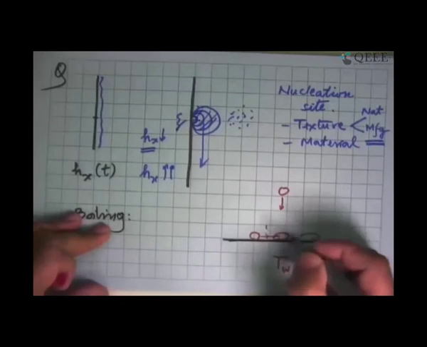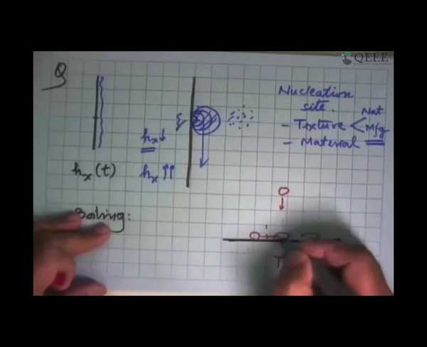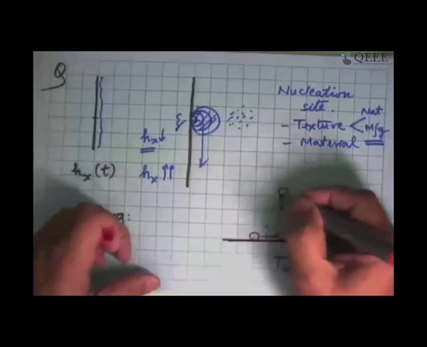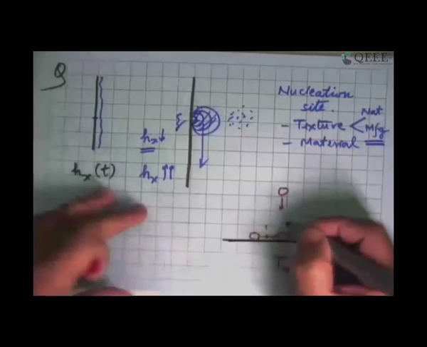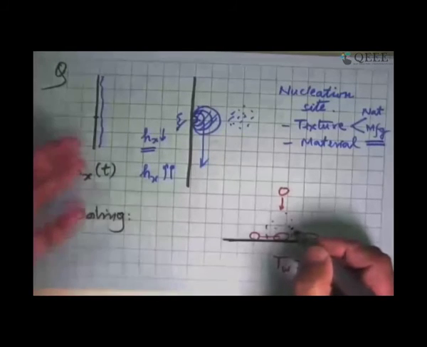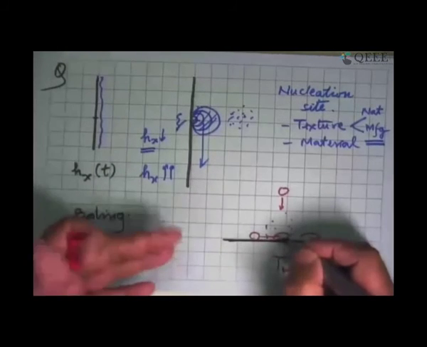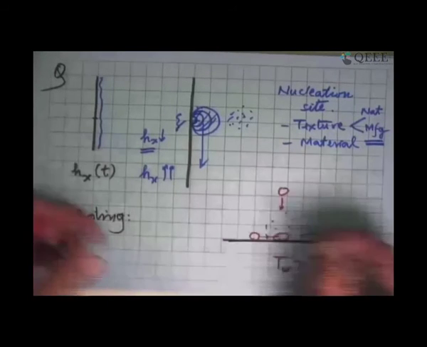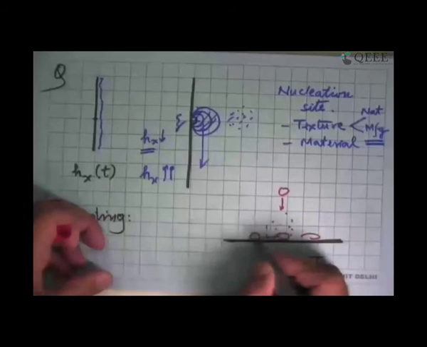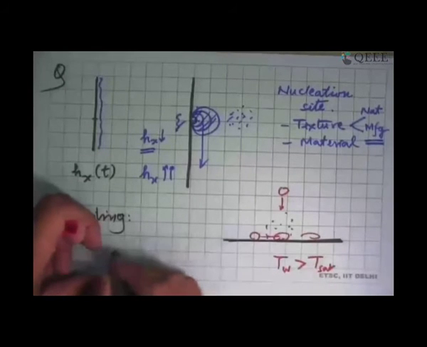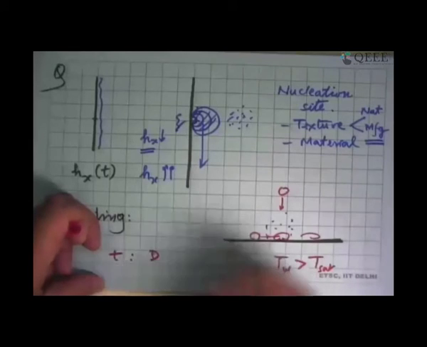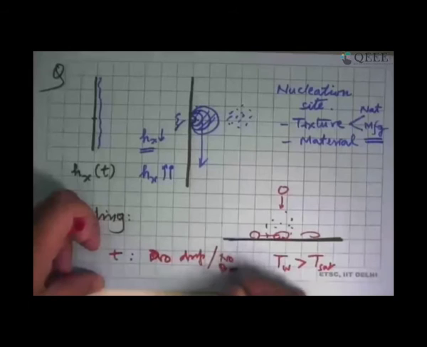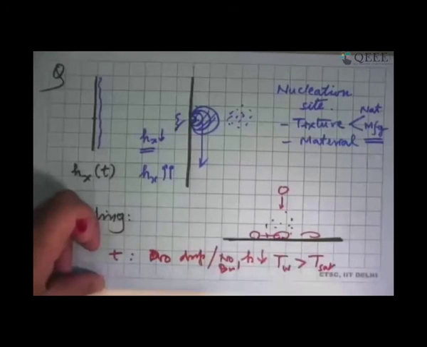So its temperature, if it has got a low heat transfer coefficient when the drop is sitting on it, as soon as the drop goes away, it again sees the vapor. Because the vapor is there, the heat transfer coefficient is very poor. As soon as the drop again hits, the heat transfer coefficient increases. As it boils, it becomes even more, and then as it goes away, it comes back into vapor. So at the time when there is no drop and no boiling, the heat transfer coefficient is very poor.